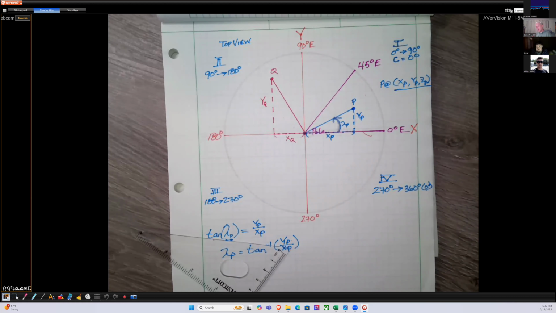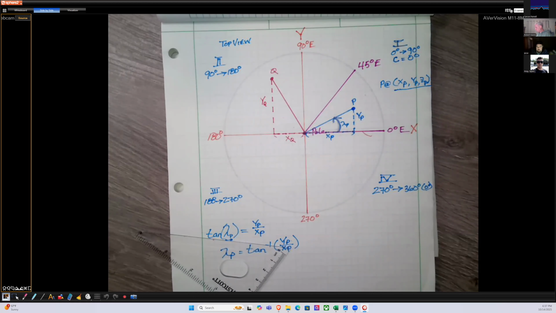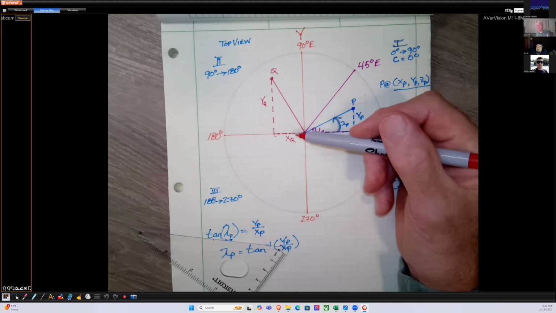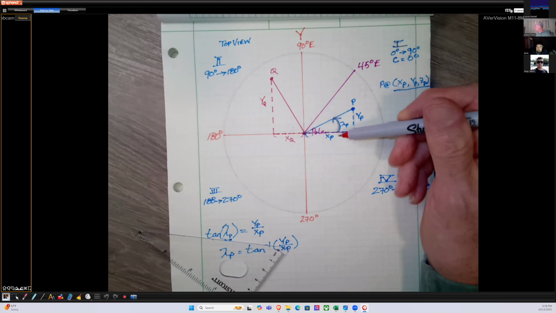What angle is going to be returned if I put this y and x value in? It'd be a value between 0 and 90, because we take the tangent. And just like I drew this here, it's going to return this angle over here.